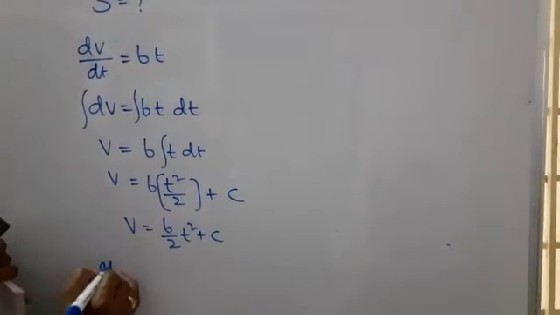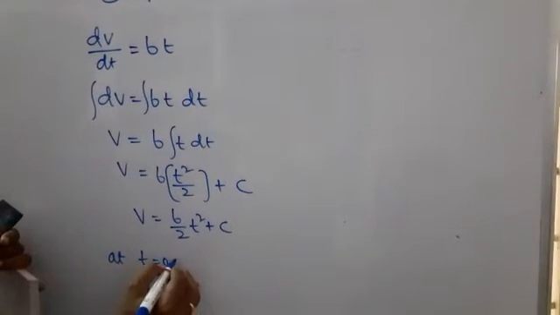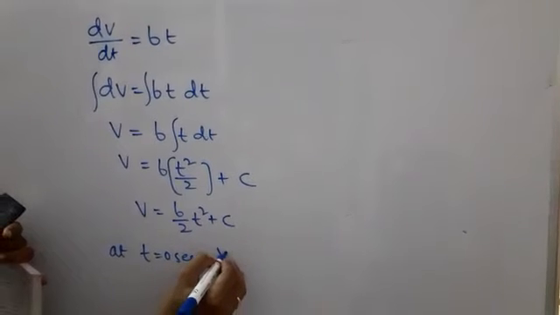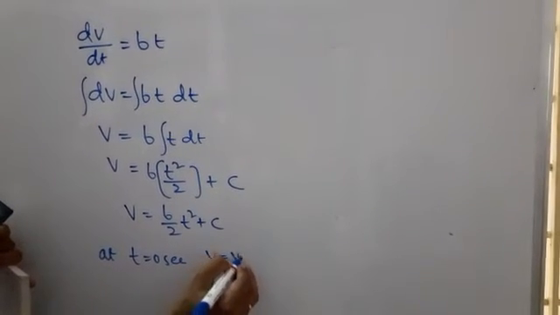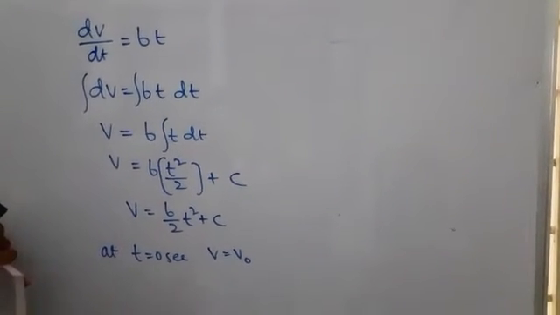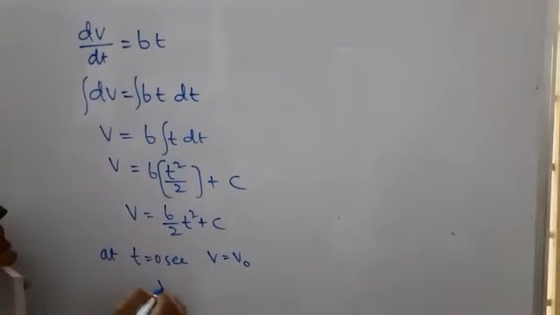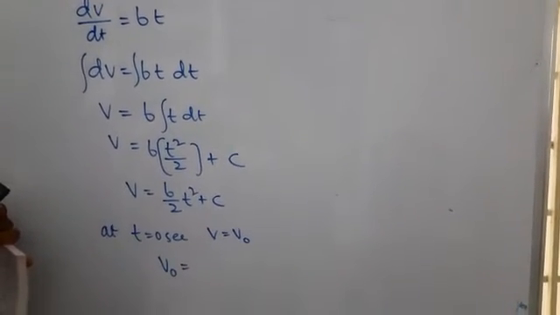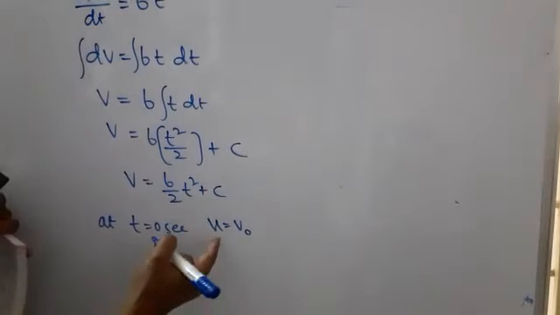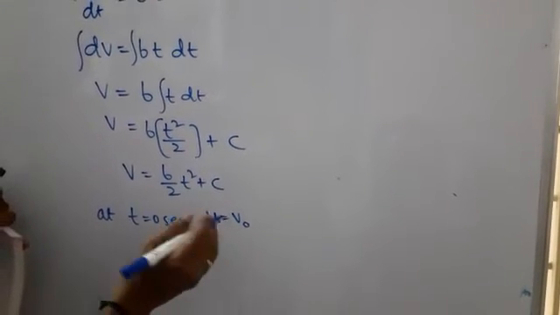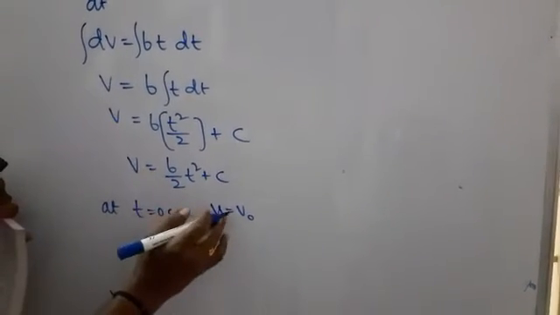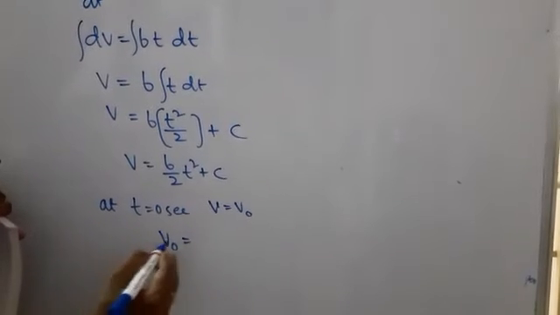At time t equal to 0 seconds, the initial velocity is v naught.